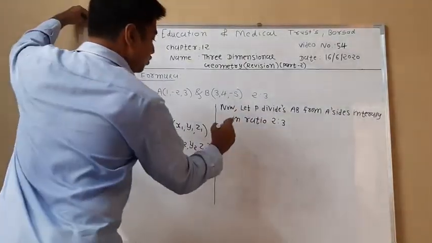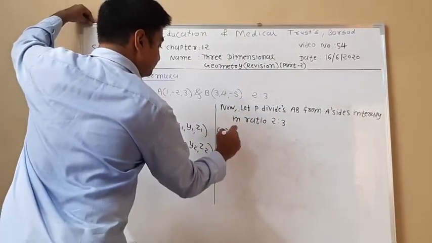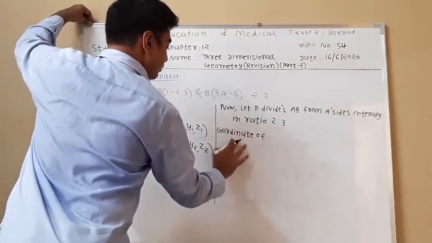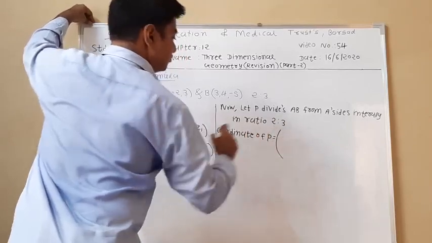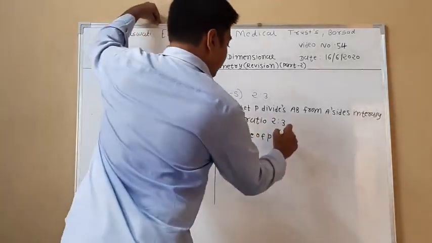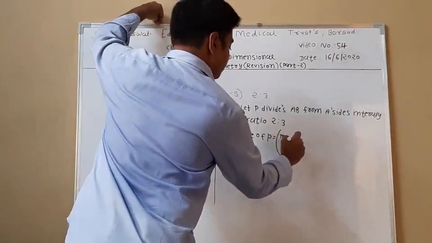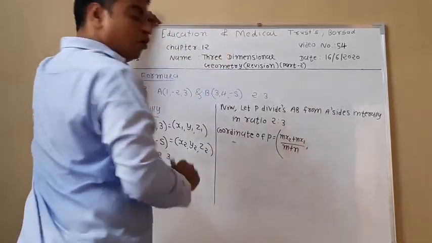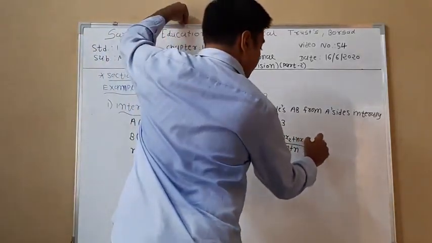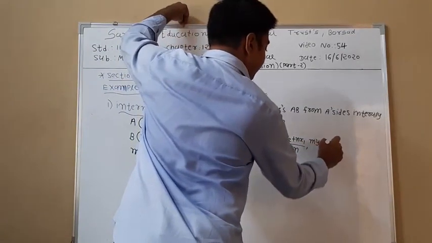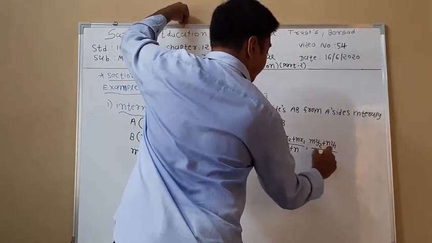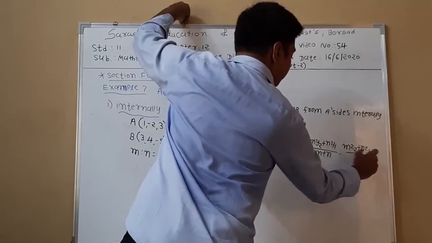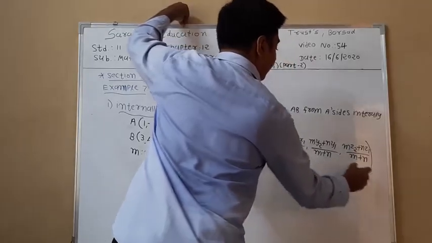Therefore the coordinate of P is equal to (mx2 plus nx1) upon (m plus n), comma, (my2 plus ny1) upon (m plus n), comma, (mz2 plus nz1) upon (m plus n).